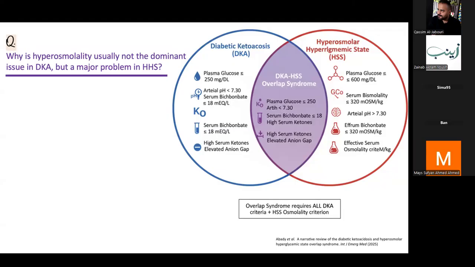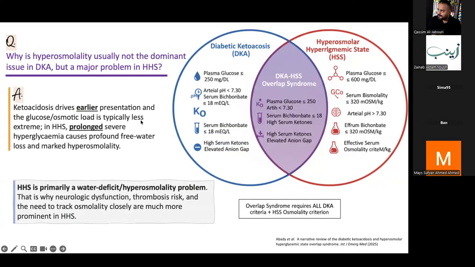Yes. Dr. Jafar, in HHS, it takes a long time for the hyperosmolarity to cause the severe dehydration and thus complications. In HHS, there is still some insulin available to stop ketogenesis. Yes, in a way, this is correct. So basically, ketoacidosis drives earlier presentation. Patients become quite unwell early on because of the acid buildup.